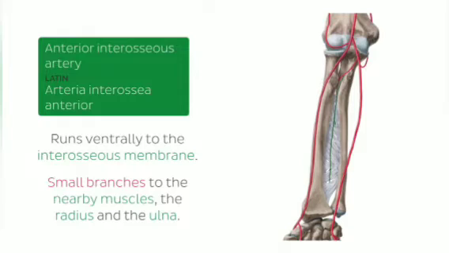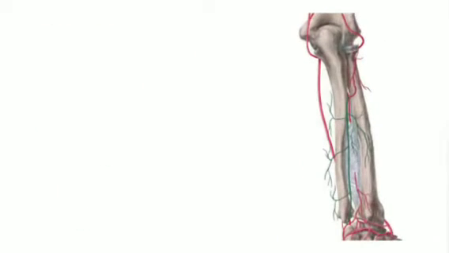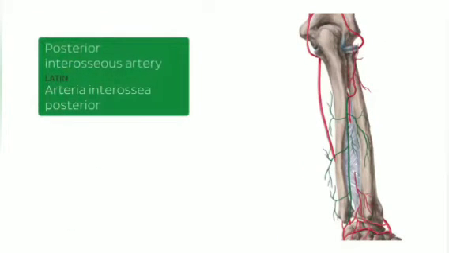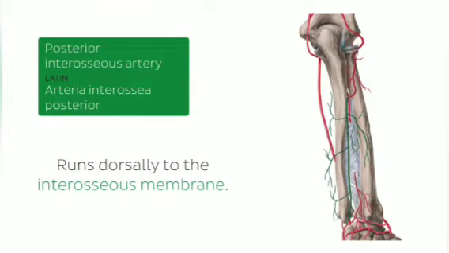We would not finish this tutorial without the posterior interosseous artery that is now seen on the screen highlighted in green. And the posterior interosseous artery is very similar to the anterior one. It is also a continuation of the common interosseous artery and runs down the forearm just dorsally to this membrane that we talked about, the interosseous membrane.